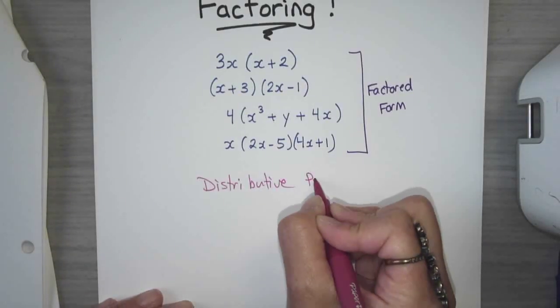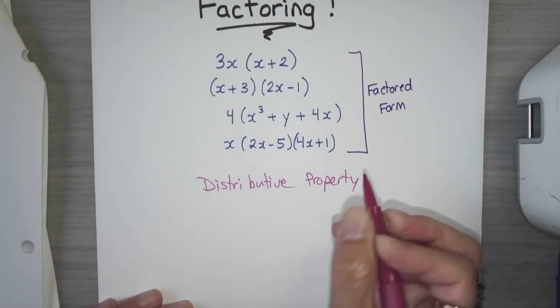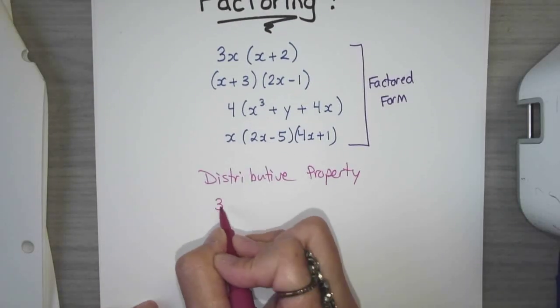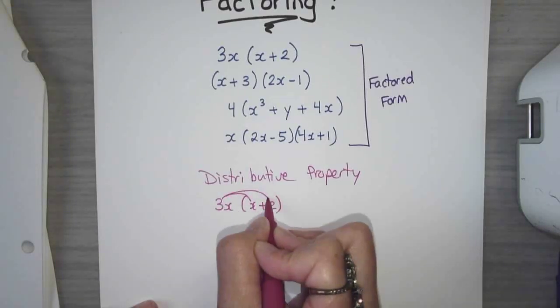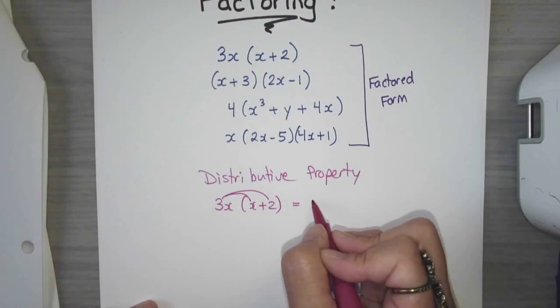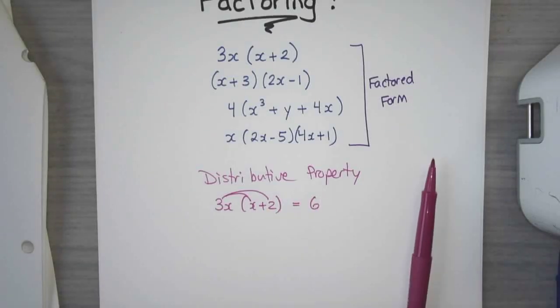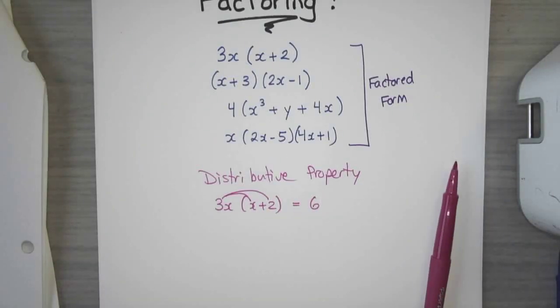Distributive property. Then we were doing things like, say, 3x times x plus 2, where we were distributing in. And then we would have 3x squared. Sorry, so 3x squared, that's my mistake.